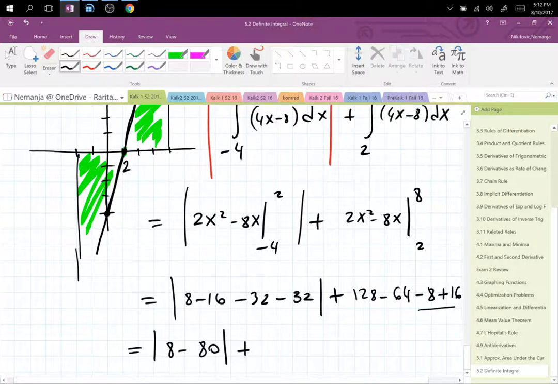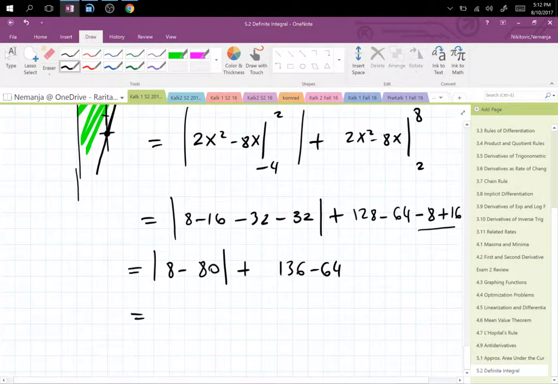So this is positive 72, and this difference over here is going to be another 72, so 144.